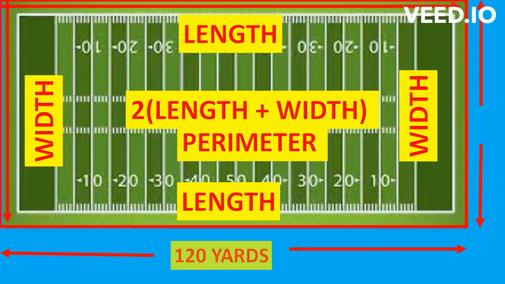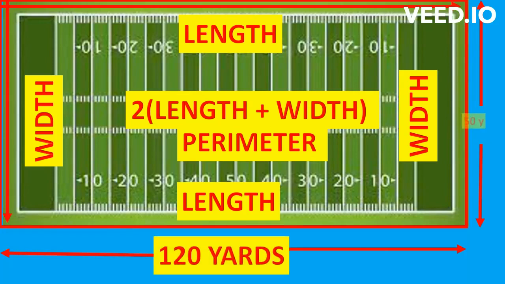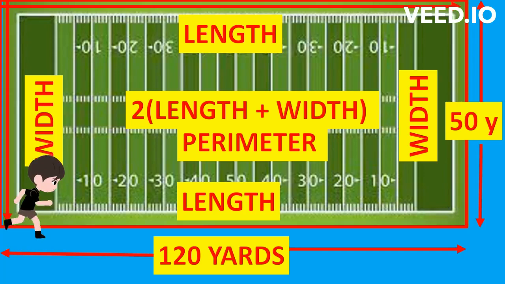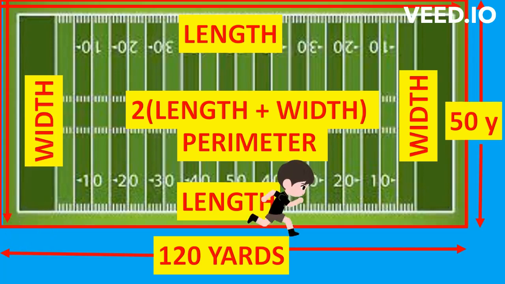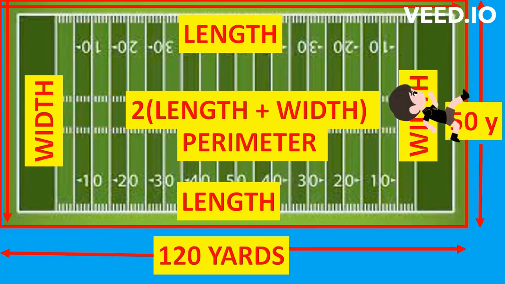Imagine I have a football field here, length 120 yards and width 50 yards, and I ask you to run around the football field. So you have to run all through the length. Then you have to run all through this width.